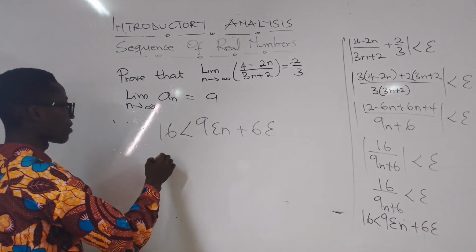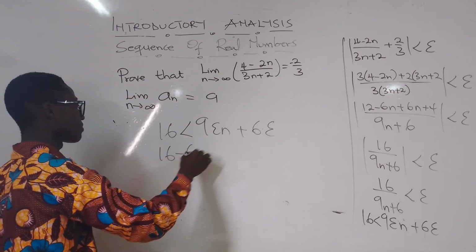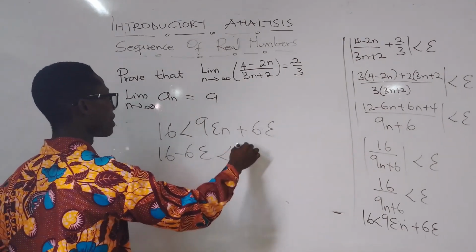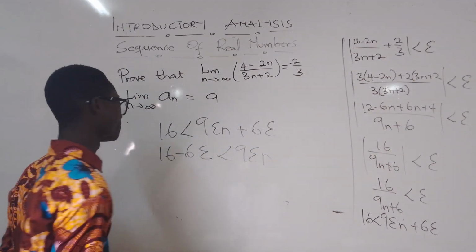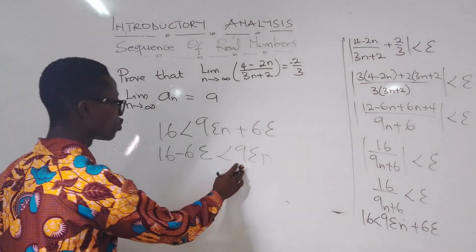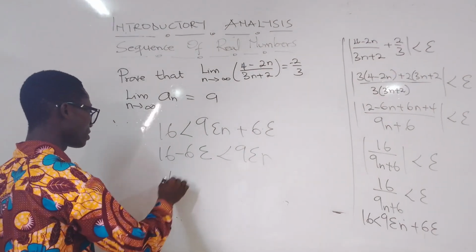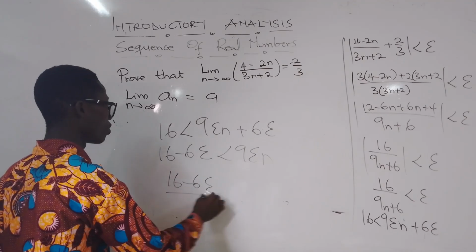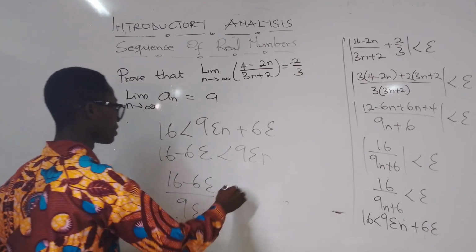Let's bring 6 epsilon here. I'm going to have 16 minus 6 epsilon less than 9 epsilon n. So we are going to divide by 9 epsilon, which gives 16 minus 6 epsilon over 9 epsilon less than n.